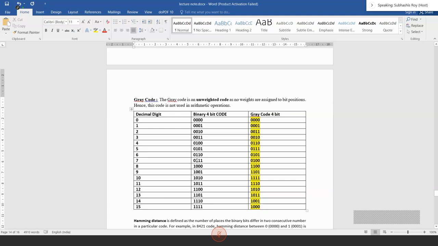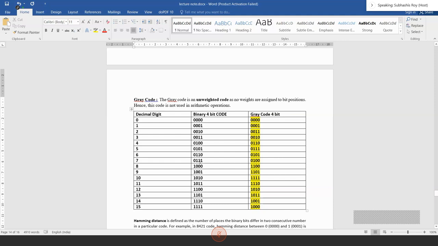So the last three lines have 5-volt voltage, but when you are going from 7 to 8, at that moment you need to make those lines go to ground voltage, and you need to connect the MSB line to the supply voltage. So that means you need to do lots of work. What kind of work?